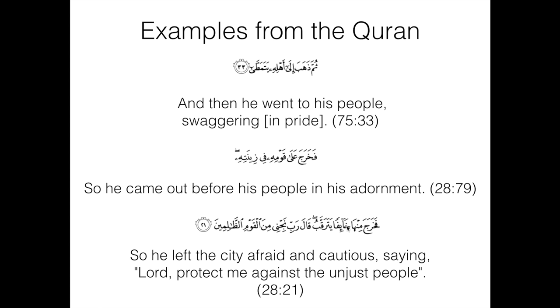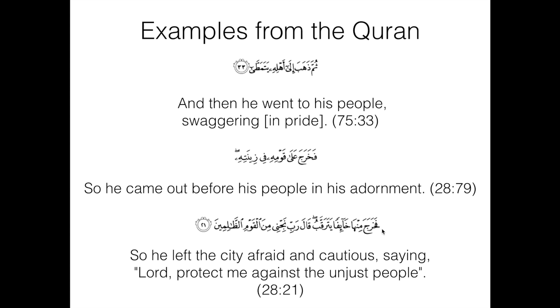As well over here, فَخَرَجَ. So he left the city. This is talking about Musa alayhi salam in Surah Al-Qasas. These both verses are in Surah Al-Qasas, the 28th chapter of the Quran. Okay, so we have فَخَرَجَ مِنْهَا خَائِفًا يَتَرَقَّبُ. So Musa alayhi salam leaves Egypt in fear. Why? Because he had killed that man. You can refer back to the story in Surah Al-Qasas.